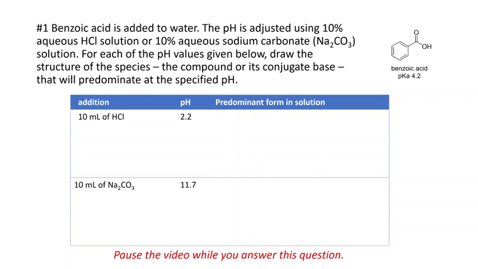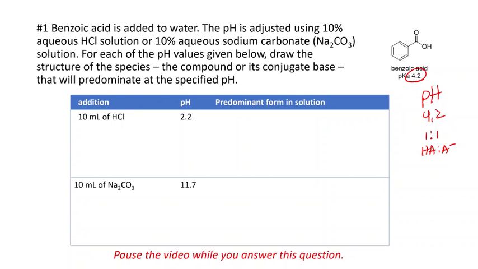All right, here we go. Okay, we see that the benzoic acid has a pKa of 4.2. So that means at a pH of 4.2, we have a 50-50 mixture, a 1-to-1 mixture of benzoic acid and its anion.